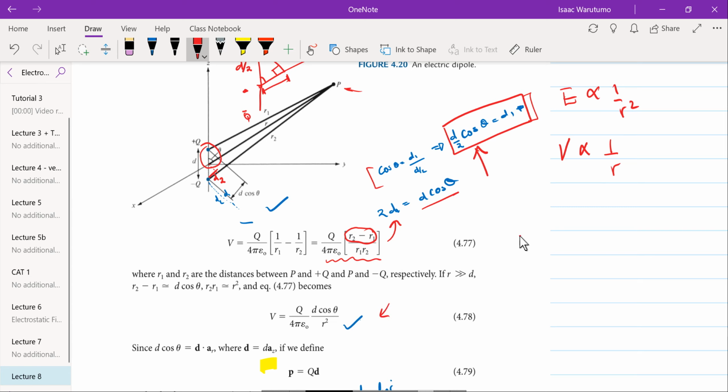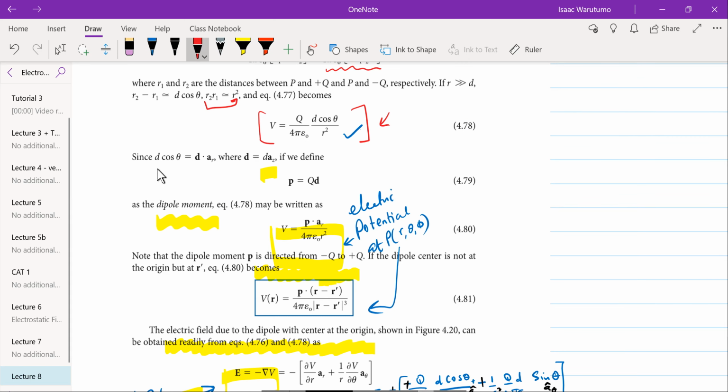And since we have made the assumption that the square of R is approximately equal to R1 and R2, because the average of these two can give you this R, we are able to develop equation 478.